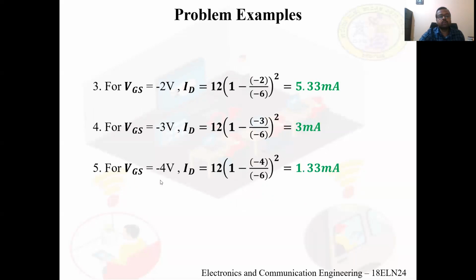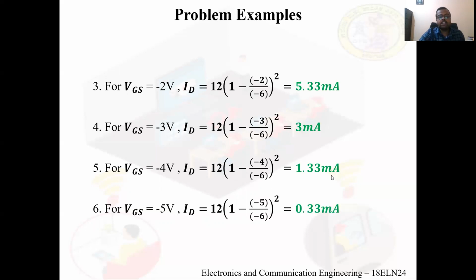Similarly, for VGS equal to minus 4 volt, the drain current is 1.33 milliamperes. For VGS equal to minus 5, you get 0.33 milliamperes. And lastly, for VGS equal to minus 6 volts, you get 0 milliamperes. Beyond that, minus 6, minus 7, the current will be 0.